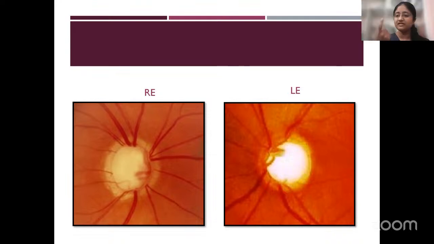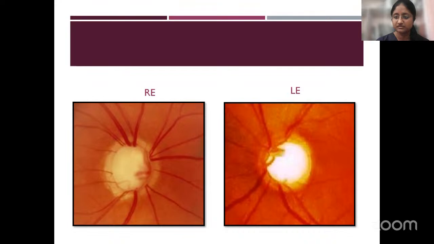Ma'am, the superior and inferior poles tend to get affected earliest, because the supporting glial tissue is lesser in the superior and inferior. So the glaucomatous changes are seen first there. And also the nerve fibers are more superior and inferior. Okay, that is one of them.